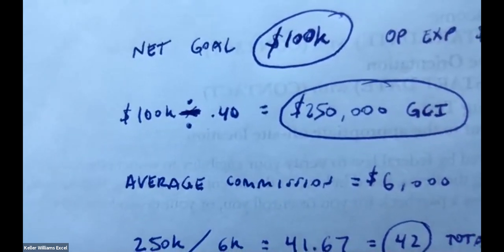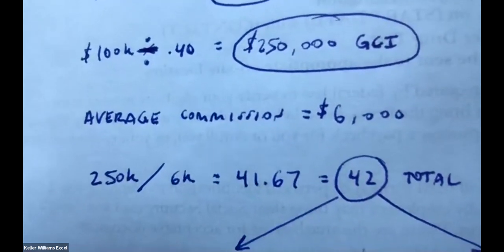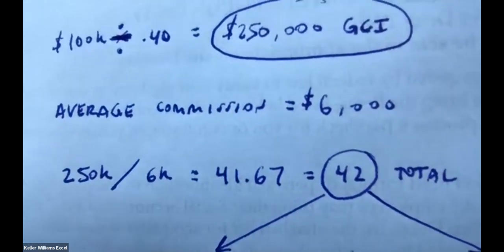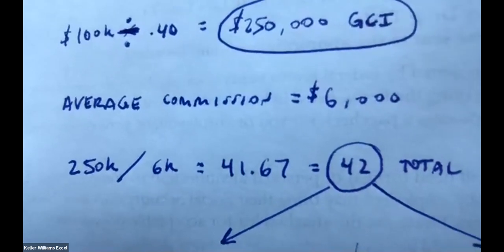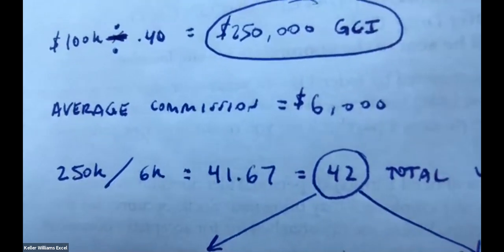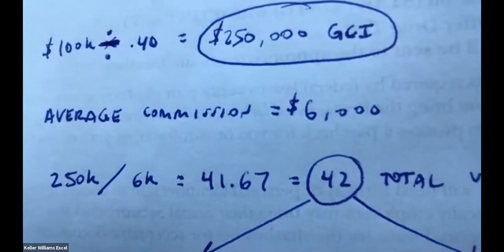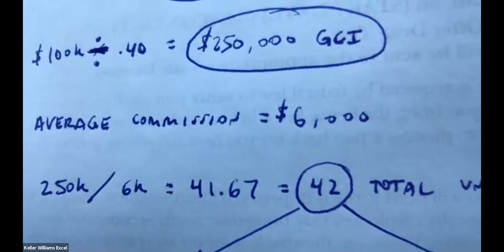At $6,000 commission, if I divide 250,000 GCI divided by 6,000, I need to sell 42 homes next year in order to hit my goal if the numbers work out as they historically have.